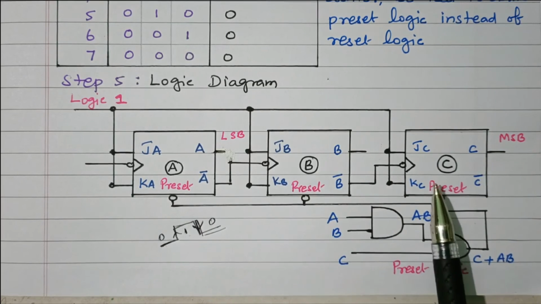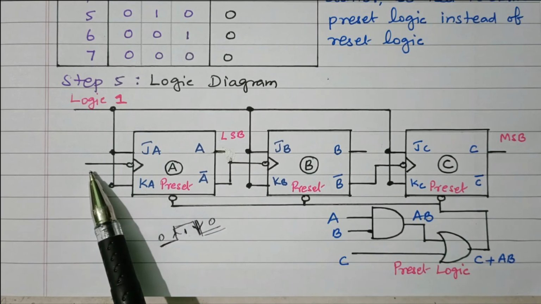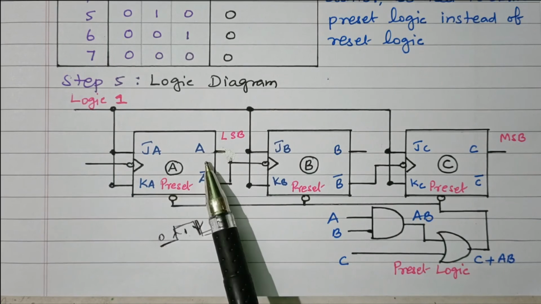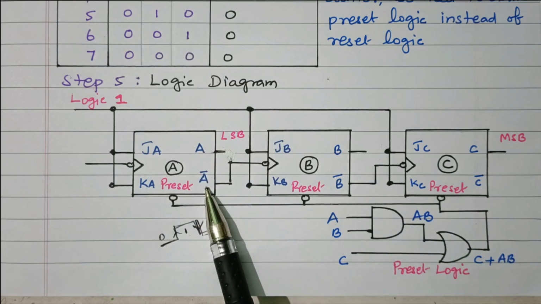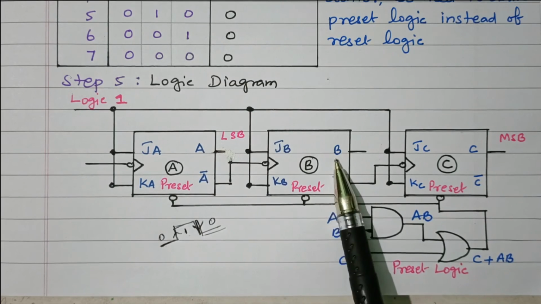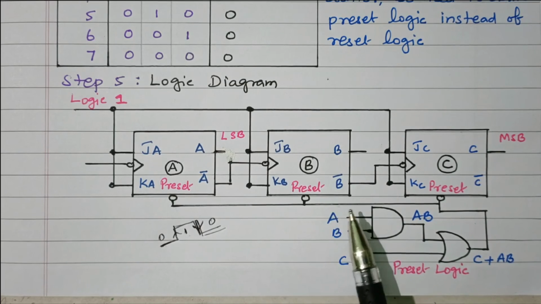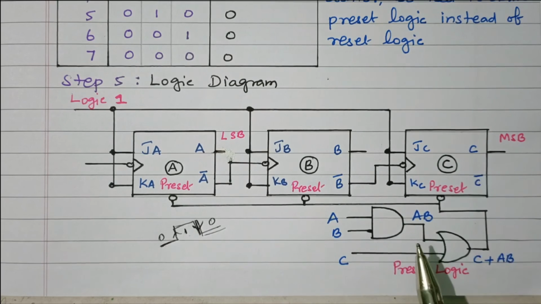So the operation is not synchronized, so it is called an asynchronous counter. Every negative edge of the clock pulse, the output A will toggle. Every negative edge of A bar, B will toggle. Similarly, every negative edge of B bar, C will toggle.